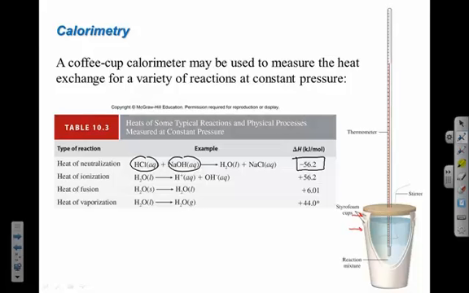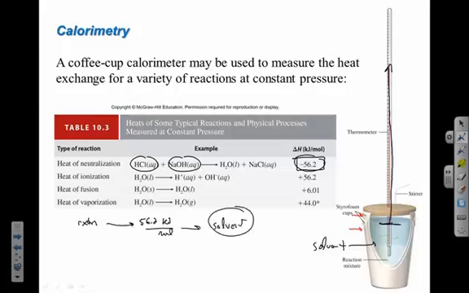And if I can measure how much of a temperature increase I have from wherever the temperature started, I know that the energy is not going outside the coffee cup. And so what's inside the coffee cup is the solvent. And so the reaction has this energy, it releases the energy into the solvent.